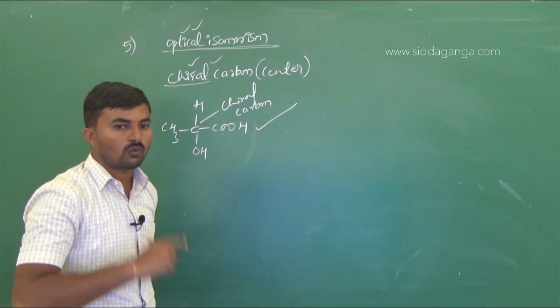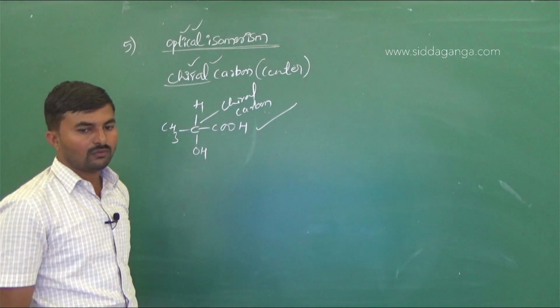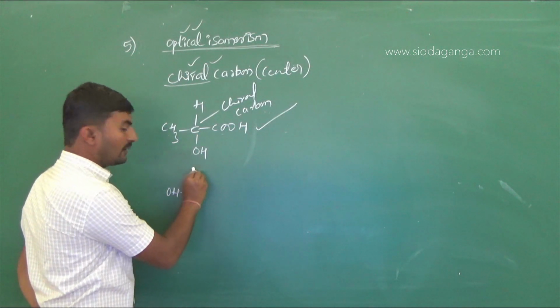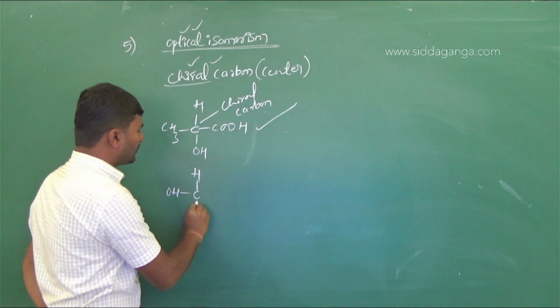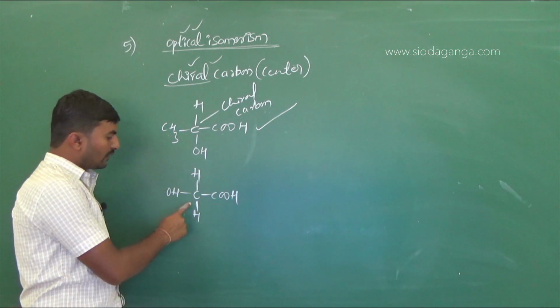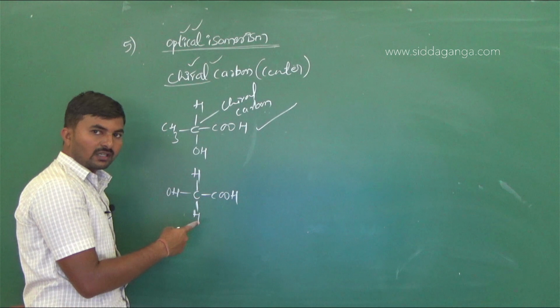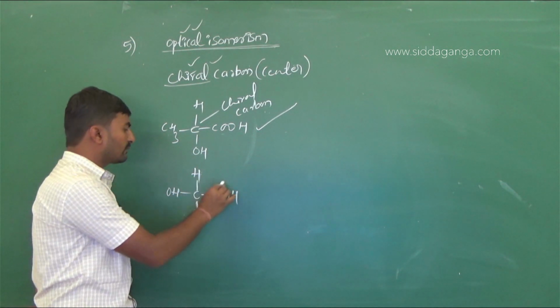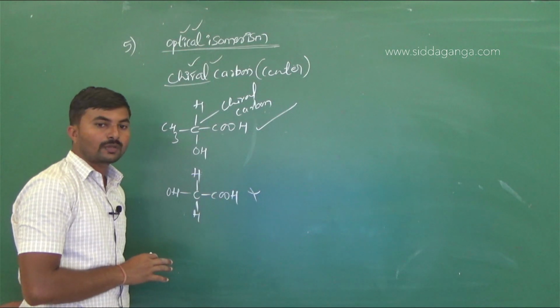Then the second one: OH, CH, COOH. Here we said all the substituents should be different, but here we have two similar hydrogen atoms, which is why this does not show optical isomerism.